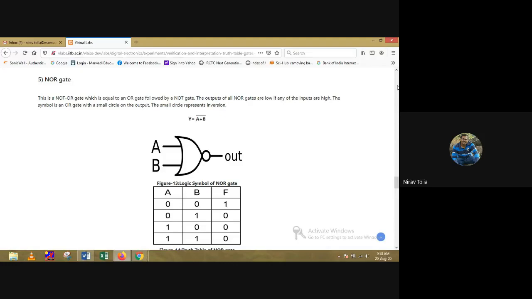You can see the symbol of the NOR gate. At the symbol of the OR gate, we are putting one bubble. What does the bubble indicate? That bubble indicates a NOT gate. A bubble is the symbol of a NOT gate.